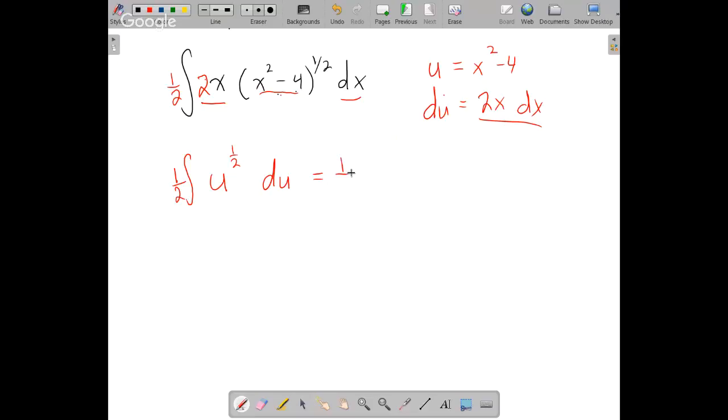Antiderivative, the 1/2 is hanging out, so I'm going to leave that out front. I increase this power by 1, so 1 plus 1/2 would be 3/2. And then I divide by 3/2, which is like multiplying by 2/3. And then I have my plus c. Constants clean up a little bit here.